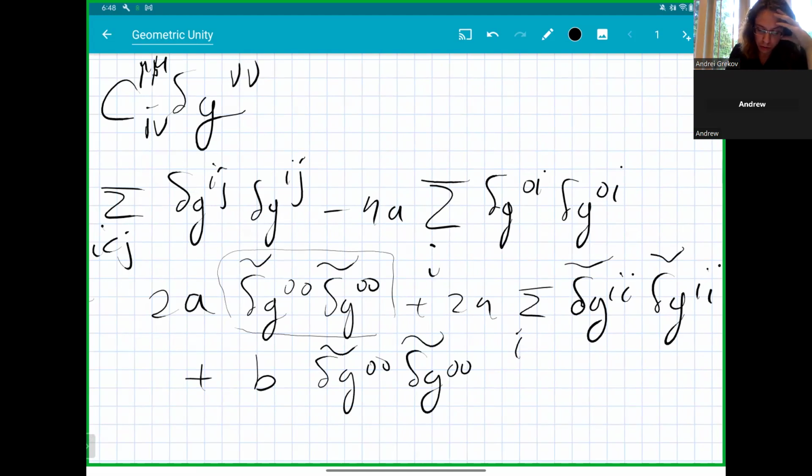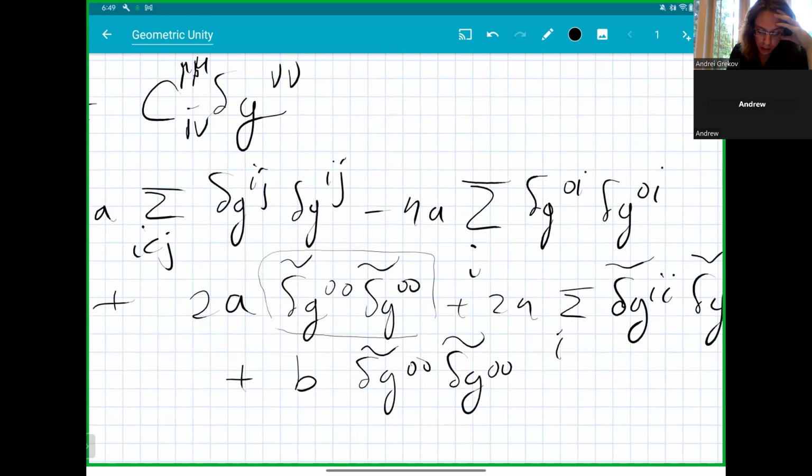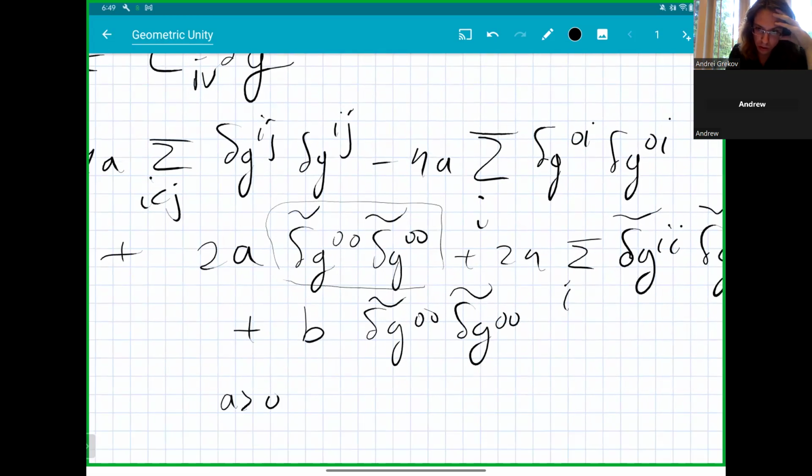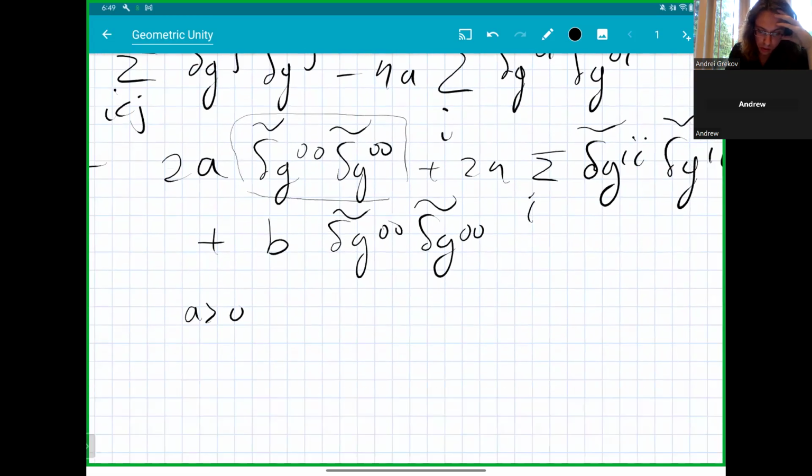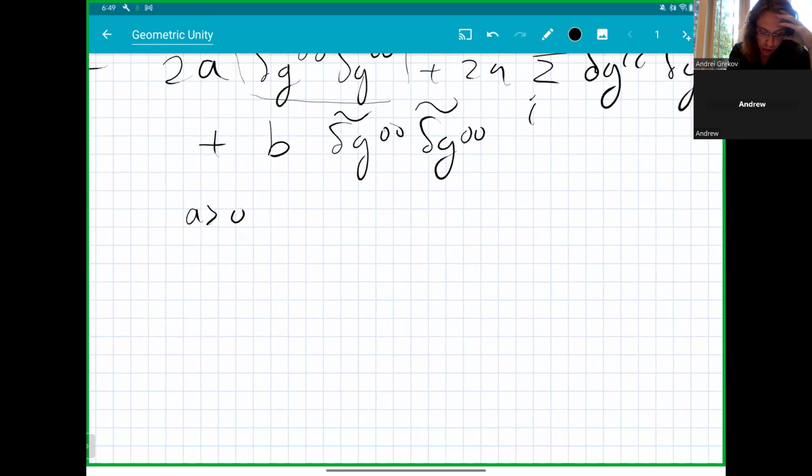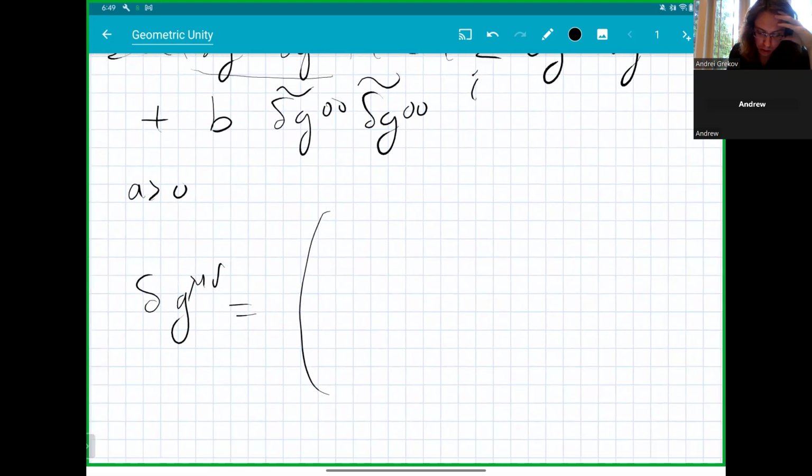Therefore, if a is positive, we get for the signature on dg mu nu, for all the terms here, dg 01, dg 02, we always have a minus sign.